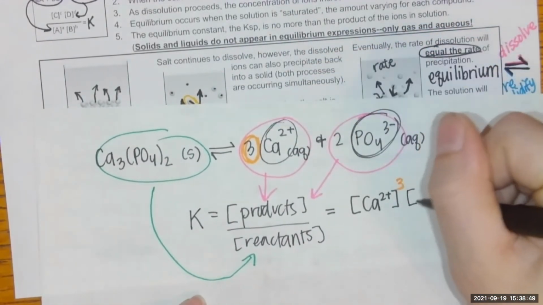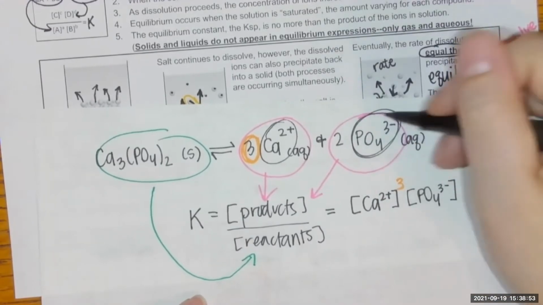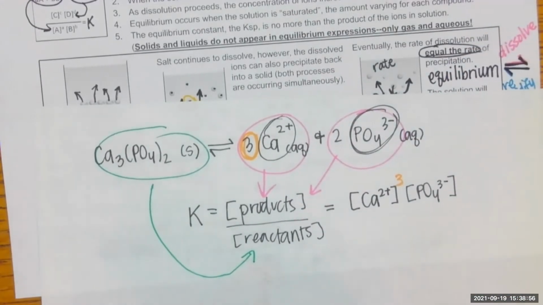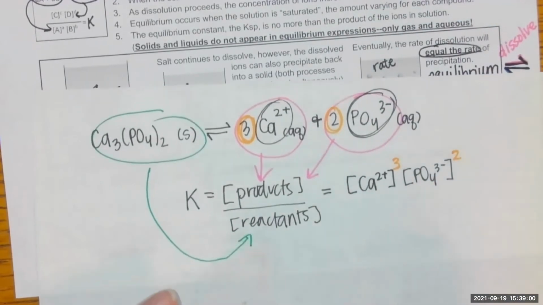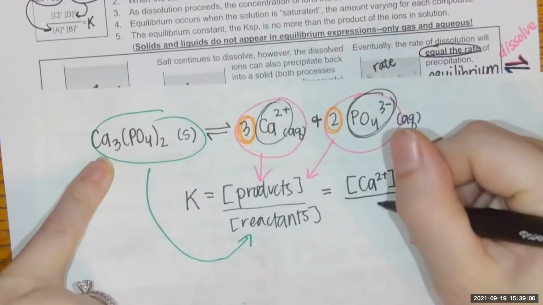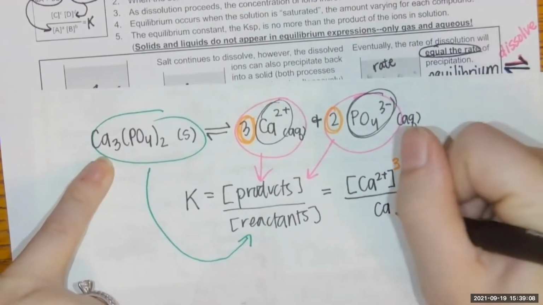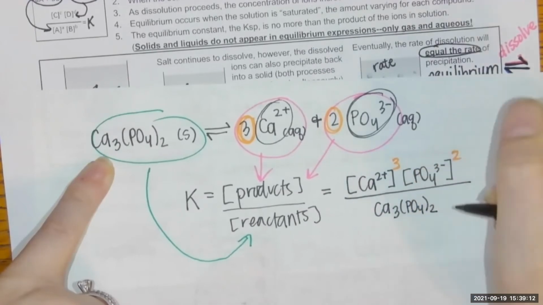My other one, phosphate. The 2 becomes the exponent. Products over reactants was calcium 3, PO4 2.